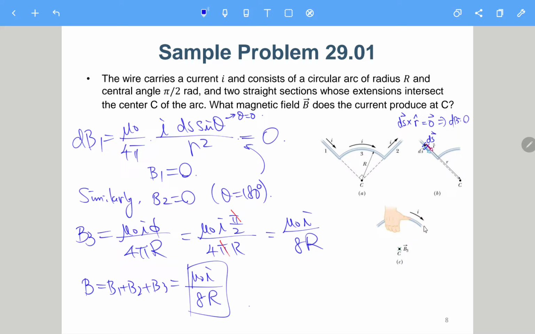Although it's not straight, you can still point along the tangent direction. This is the direction of the current, and then your forefinger will follow the direction of the B field. Here your thumb points to the right side, so your fingers will point into the page. So the B field at point C will be pointing into the page.